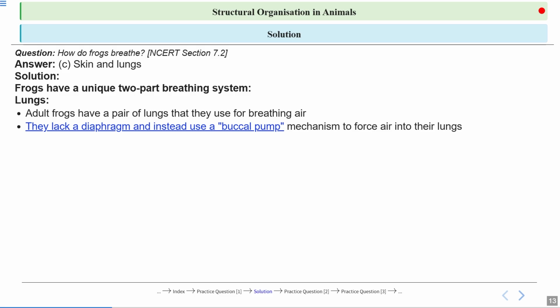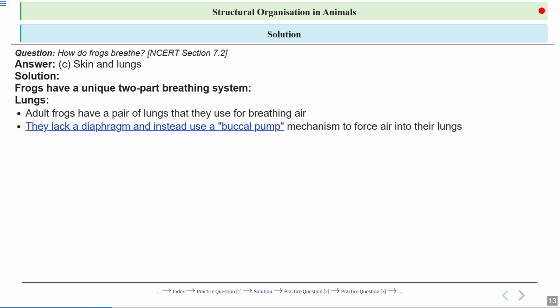They lack a diaphragm and instead use a buccal pump mechanism to force air into the lungs. Humans have a diaphragm system, but in the case of the frog, this diaphragm system is totally absent.